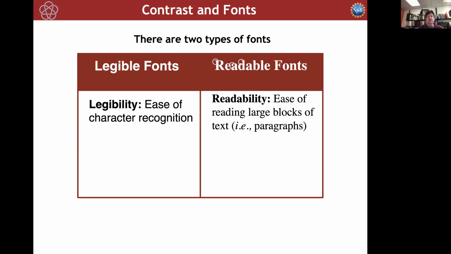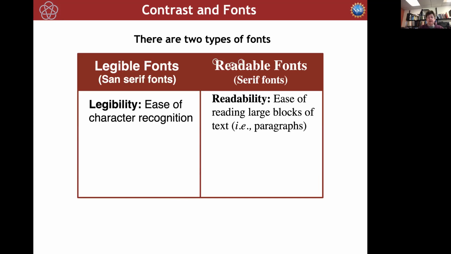And so they have been designed to make blocks of text be readable, i.e. paragraphs. So these two types of fonts have different names, and they're named as to whether they have curly cues or not. So these curly cues are called serifs. So the readable fonts are known as the serif fonts. The legible fonts are known as the sans serif fonts. And so every font is one or the other.